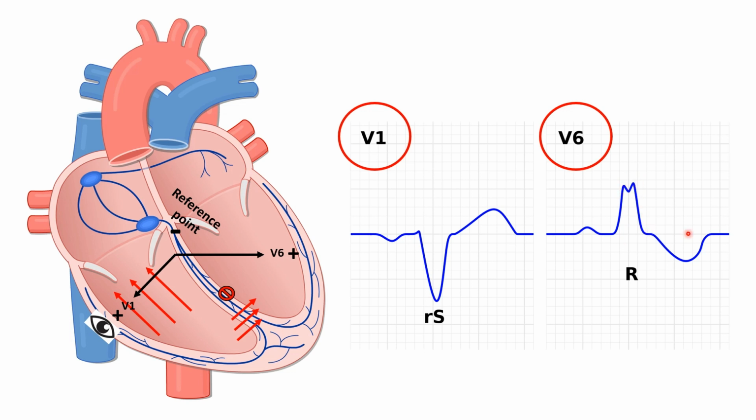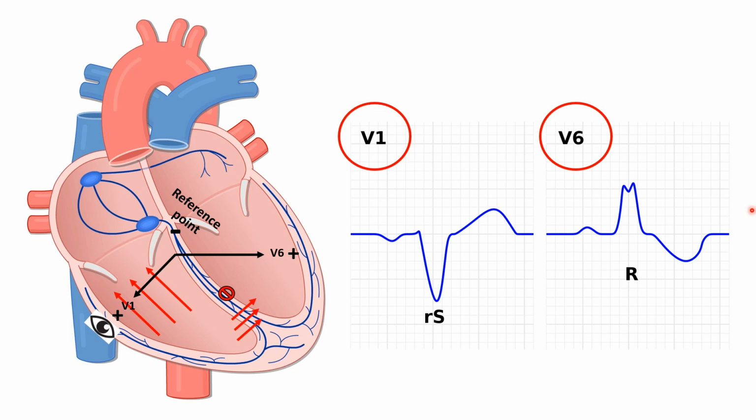I just want to mention something else when we talk about left bundle branch block. I want to talk about a term called appropriate discordance. Okay. So this basically means we should have abnormal ventricular depolarization followed by abnormal ventricular repolarization.